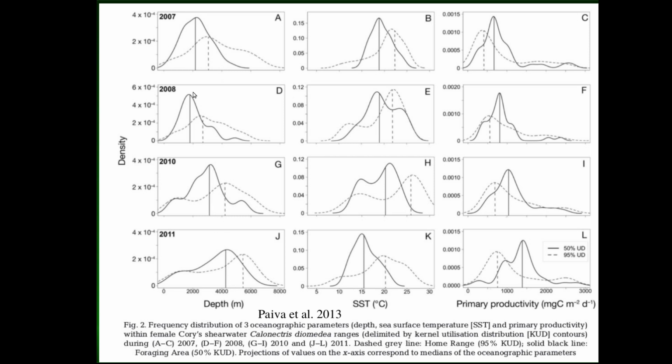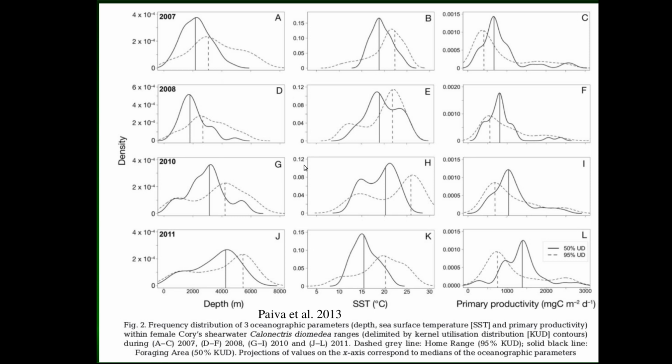The depth of the water where they forage and the sea surface temperature of the water that they forage in, while they stay at a roughly constant primary productivity. So this is the home range. The primary productivity at the home range is roughly the same all years, although they're changing quite a bit in depth and sea surface temperature.